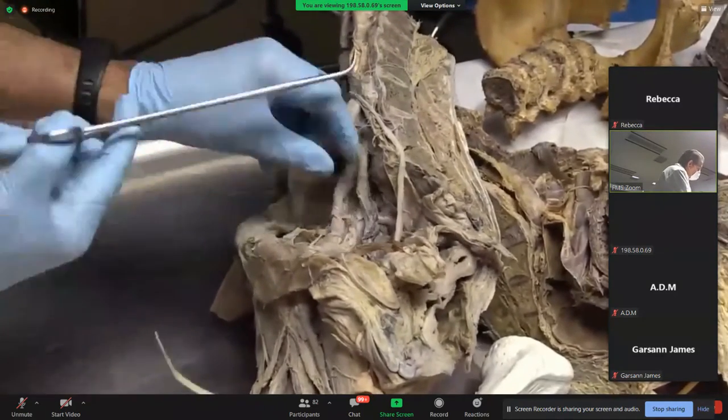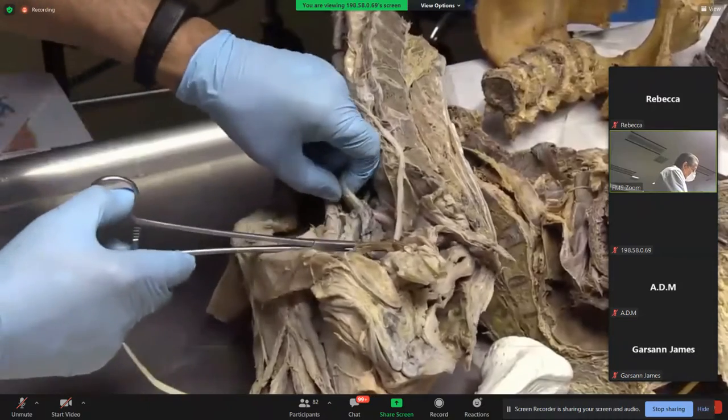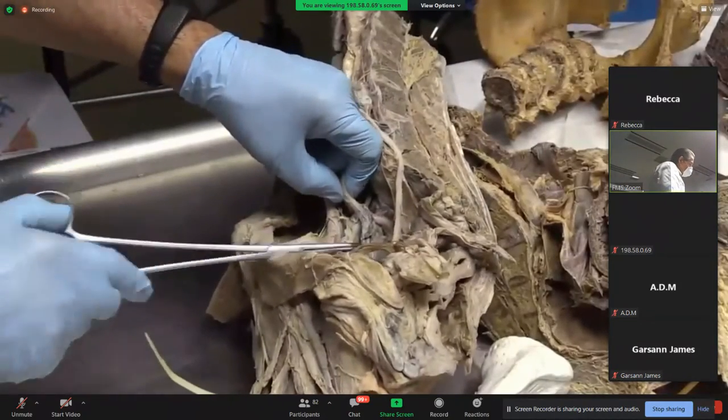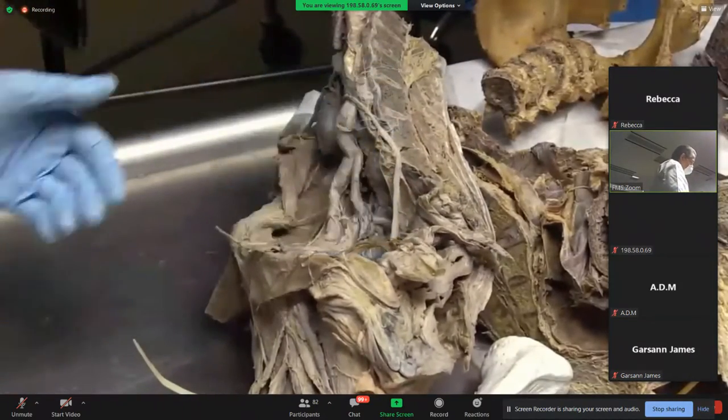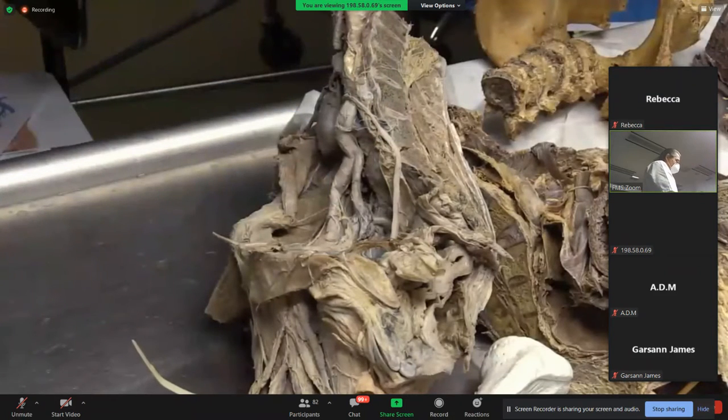The internal iliac is going to go down and divide into a posterior trunk and an anterior trunk. The anterior trunk is going to give a lot of branches, but you don't have to know that yet. That's for UG. You don't get to know the pelvis in detail until UG. You just have to know the rectal relations.